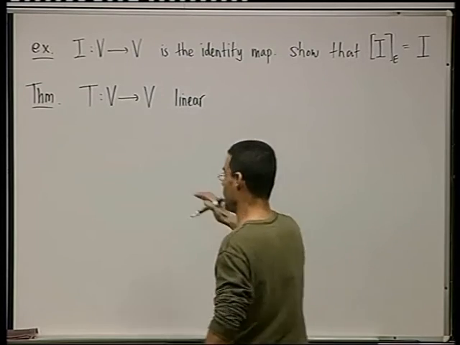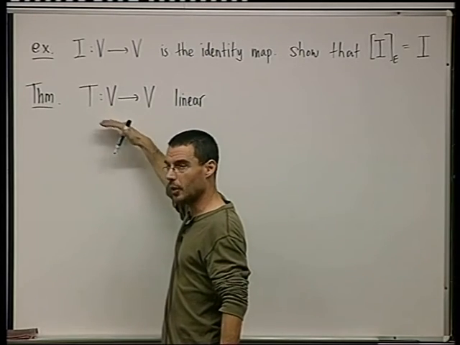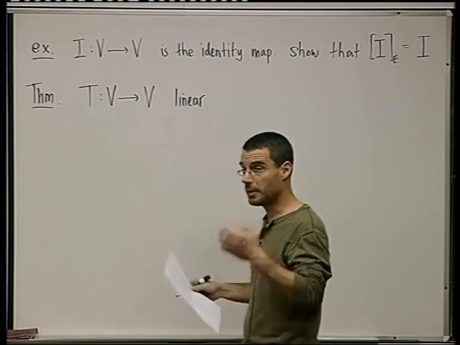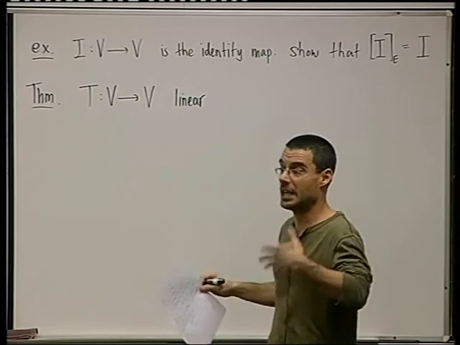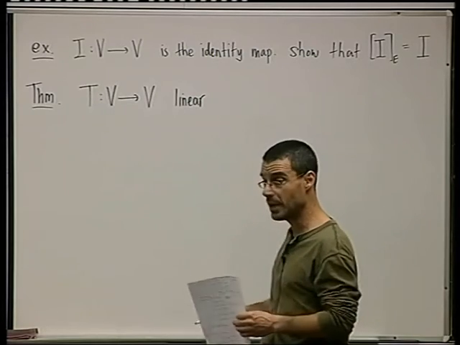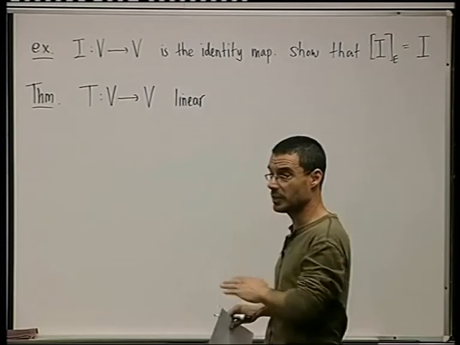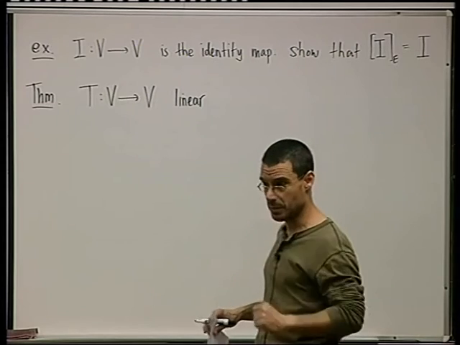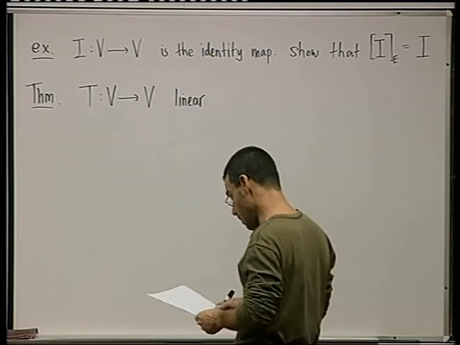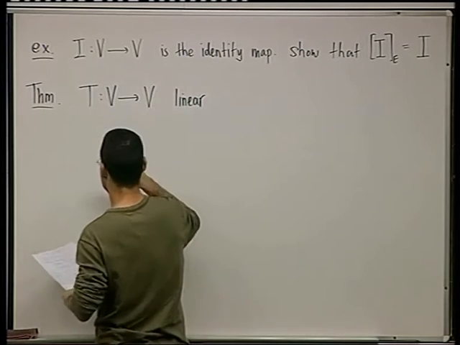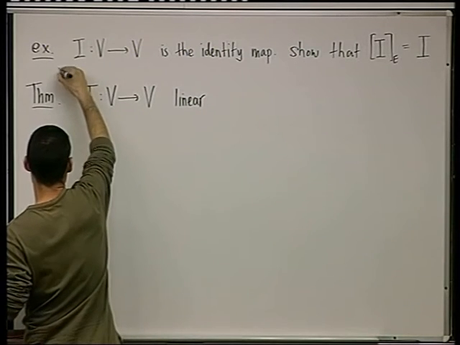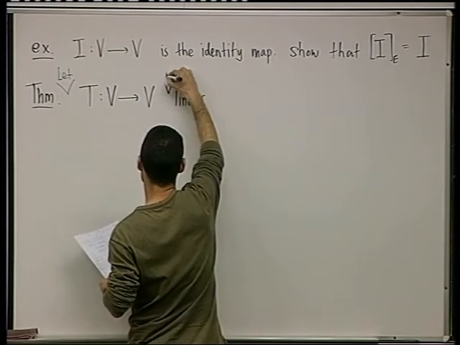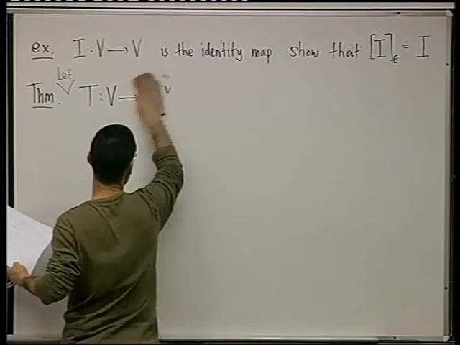For us, it really suffices to discuss invertibility only in the context of operators from a space to itself, in which the corresponding matrix is a square matrix, and then it's A inverse in the regular sense. That's what we're going to prove now. So for us, we're only discussing invertibility of operators and not invertibility of general linear transformations.